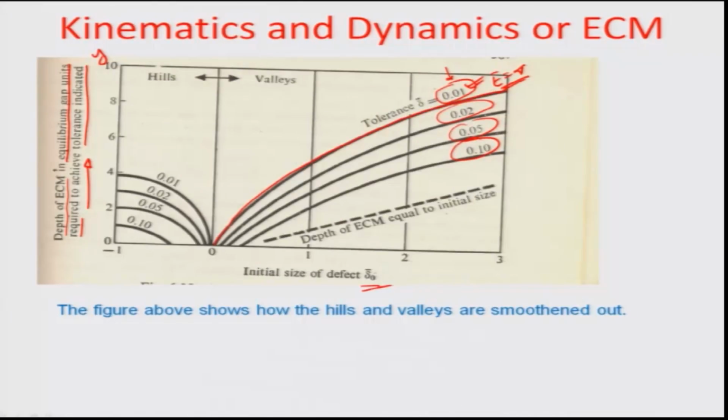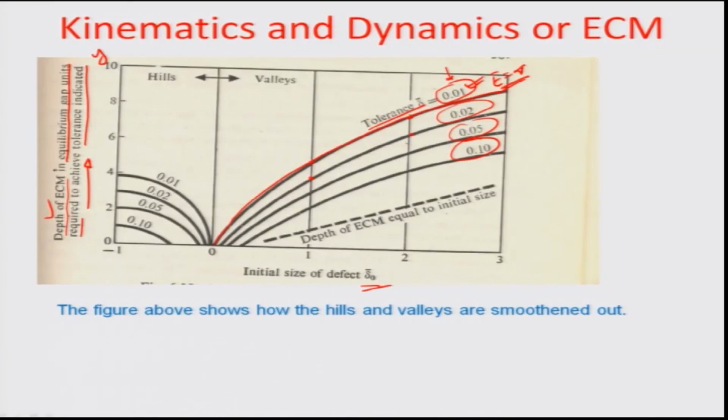So, if we start with some initial defect size, we can actually predict what is going to be the depth of ECM that is needed to start with, where you could actually hit upon a certain final tolerance delta dash.